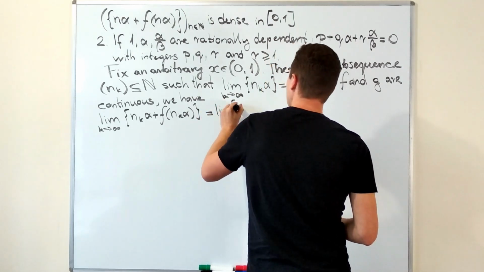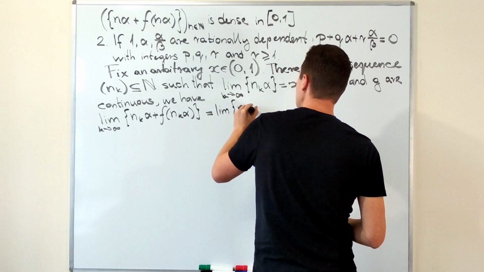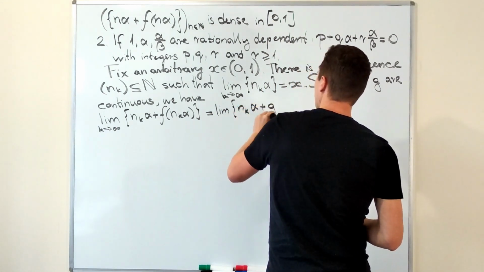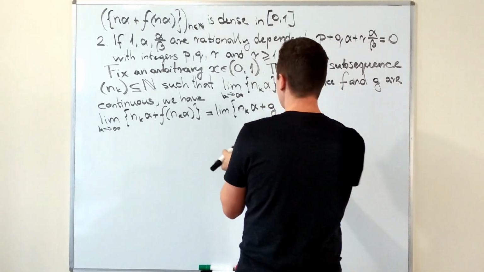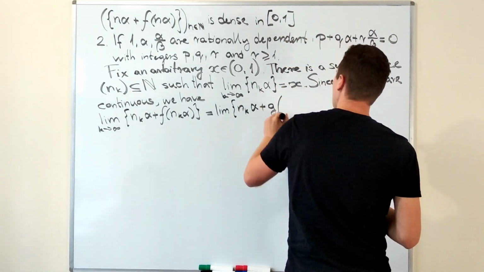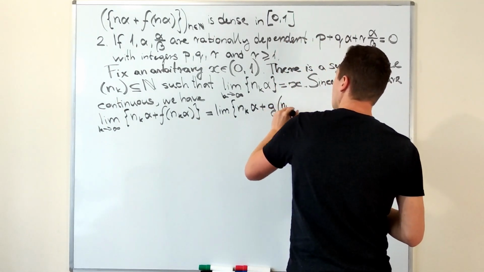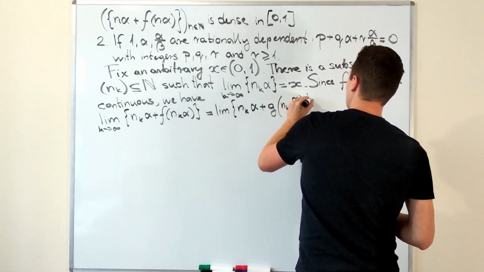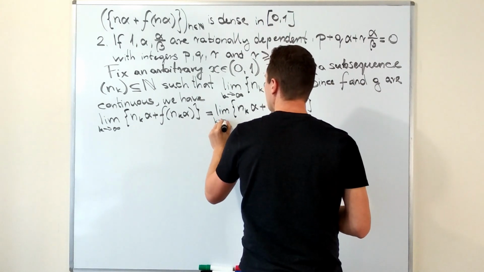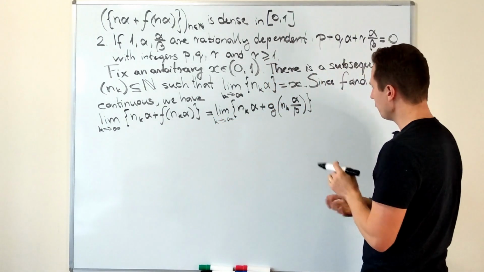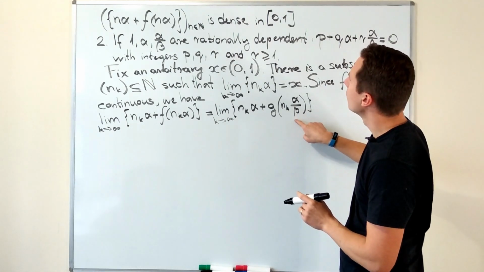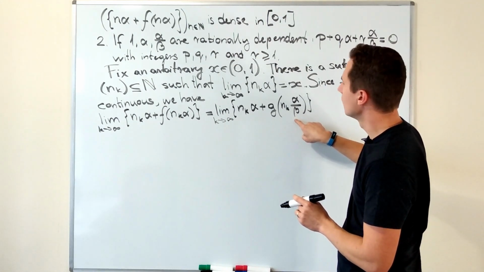That just means rescaling by beta, by the period of f. So this is the same thing as the fractional part of nk times alpha plus g of nk times alpha over beta. Okay, of course the limit is still taken as k goes to infinity. And now we can express alpha over beta over here.